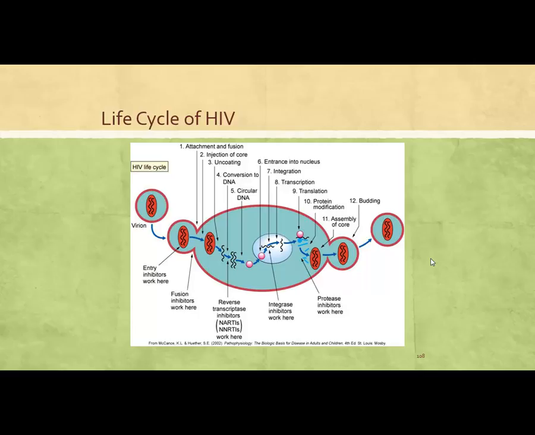The reverse transcriptase enzyme converts the HIV's RNA into the cell's DNA and will allow for mitosis to occur. And then additional HIV particles are made within the infected CD4 T cell using that host cell.